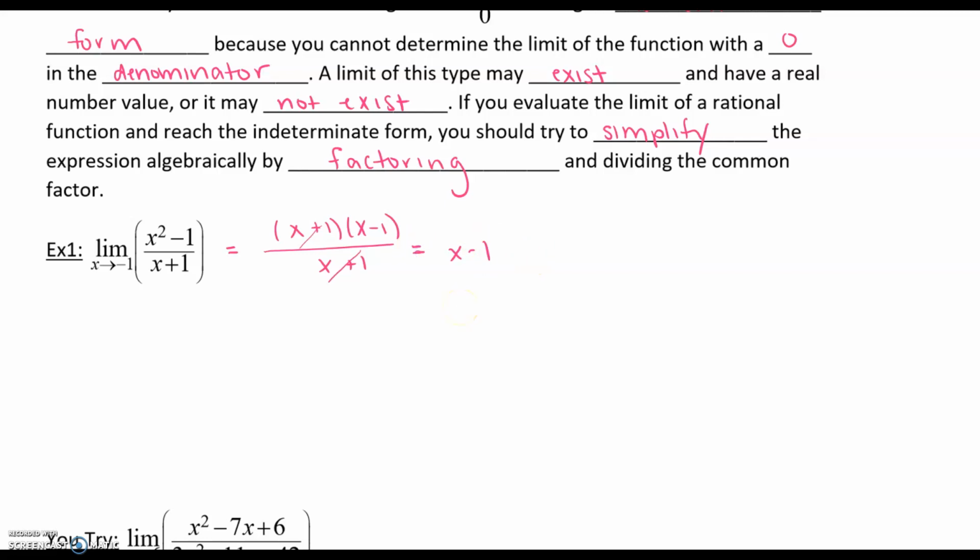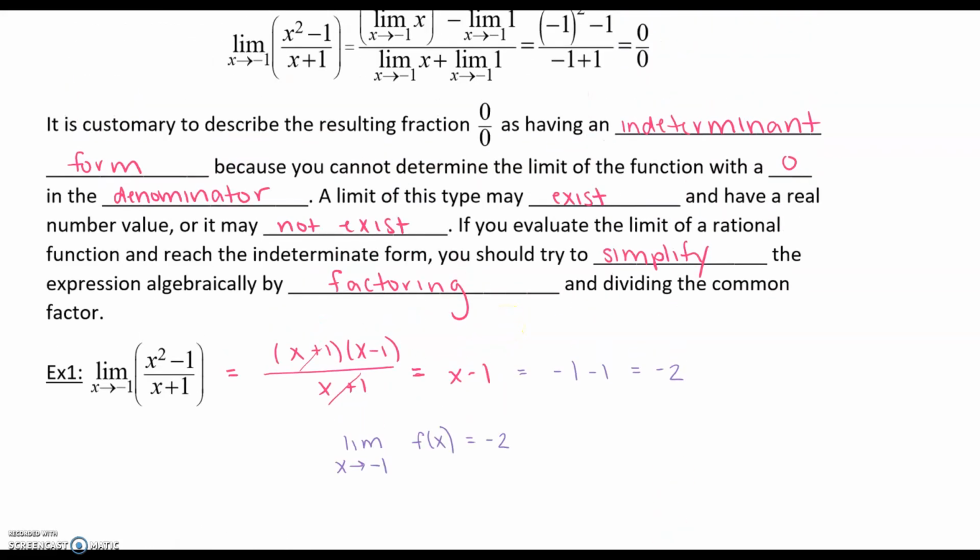So that's going to look like -1 minus 1, which is -2. So this is indeterminate, but it does have a limit. So the limit as x approaches -1 equals -2.